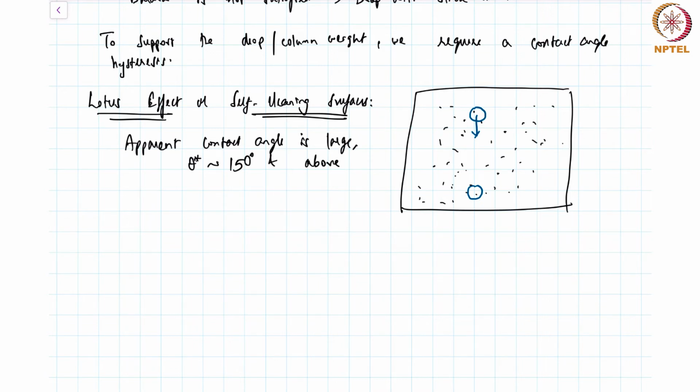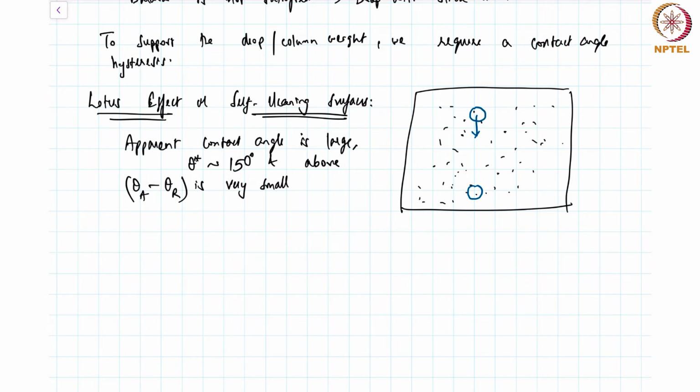The other thing is the hysteresis angle, that is theta A minus theta R, is very small. So it's possible these days to make extreme hydrophobic surfaces where the hysteresis angle is as low as 5 degrees, or maybe even smaller.